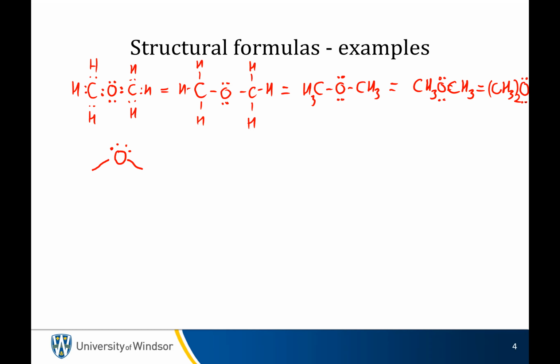These are all absolutely the same molecule. They're just drawn different ways. It's just that this way here is much faster, with many fewer pen strokes. And so that's what we're going to be moving towards, drawing them like that. This is called a line angle formula, because it's made up of lines and angles.